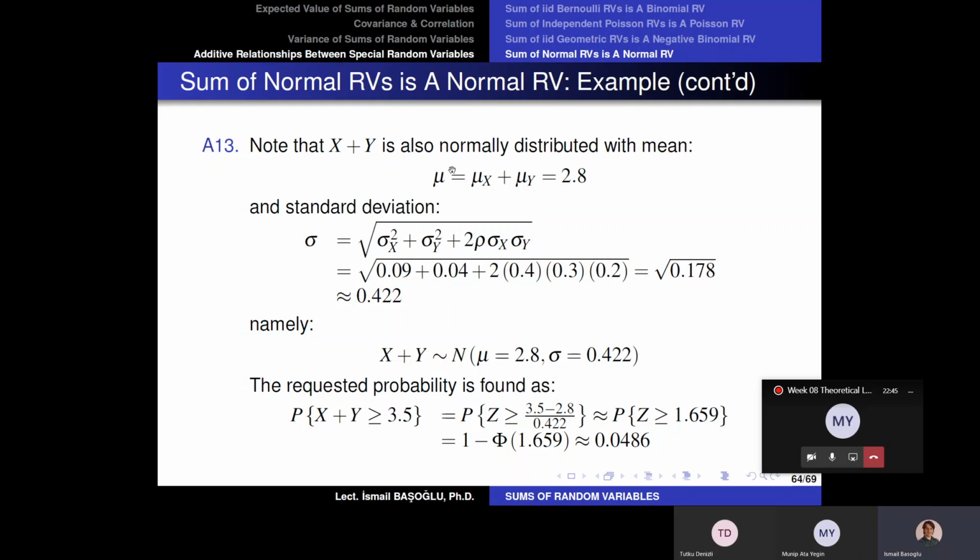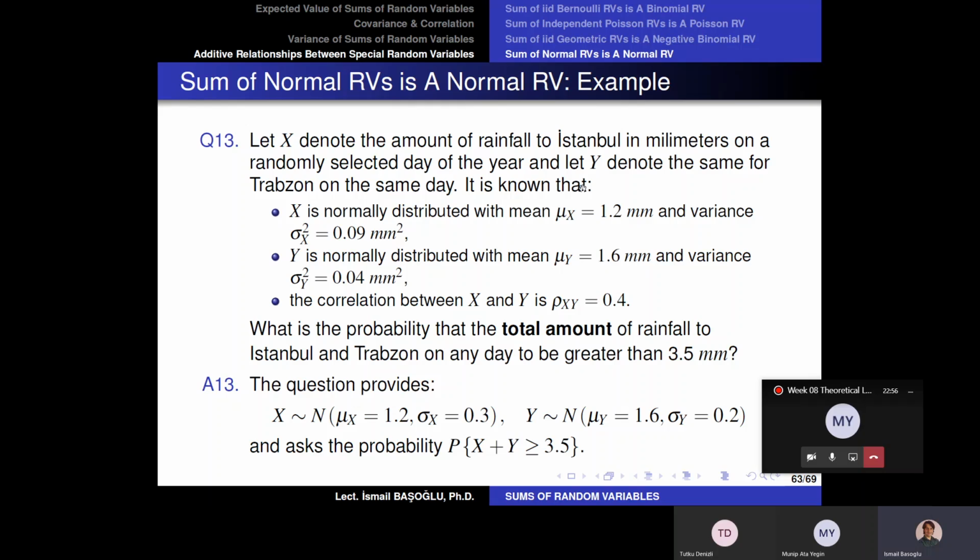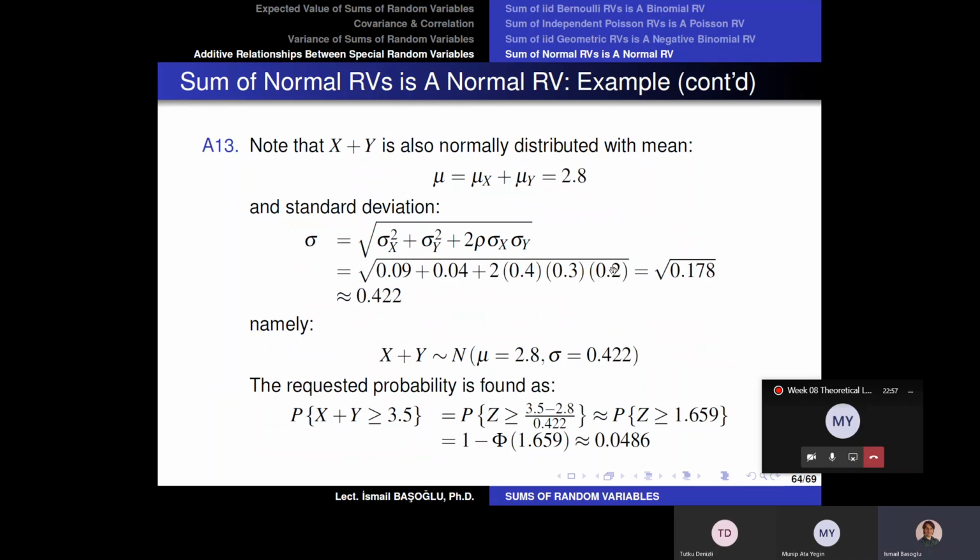And the location parameter of the sum is going to be equal to the sum of the individual location parameters, which is going to be 2.8. As you can see, 1.2 and 1.6 is 2.8. And the standard deviation of the sum is going to be calculated as the square root of the variance of the first random variable plus the variance of the second random variable plus 2 times the covariance between these two random variables.